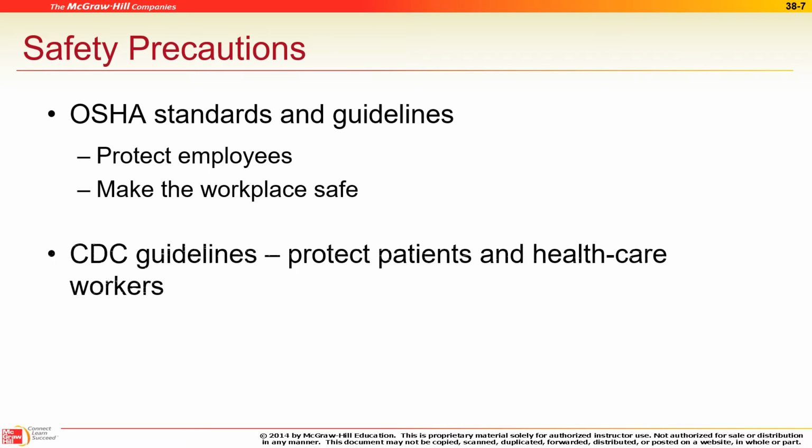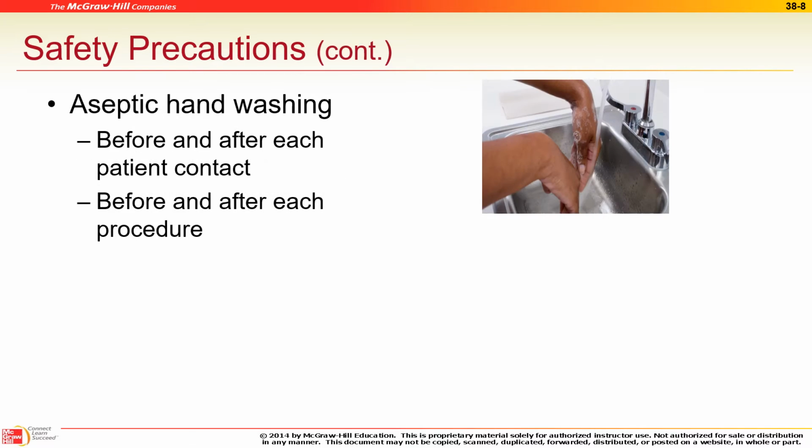Always remember your standard and universal precautions. So protect from infection. Open skin, unintact skin, put gloves. Aseptic hand washing. So when you're rinsing, fingers up or fingers down? Down. If it is a surgical scrub after you wash your hands, fingers up or fingers down? Fingers up, right?